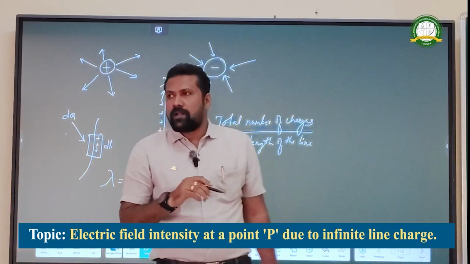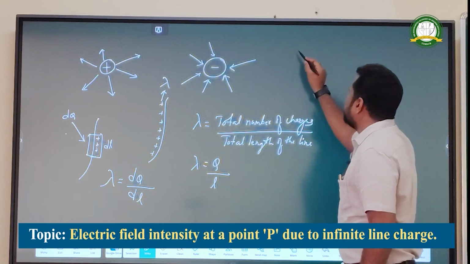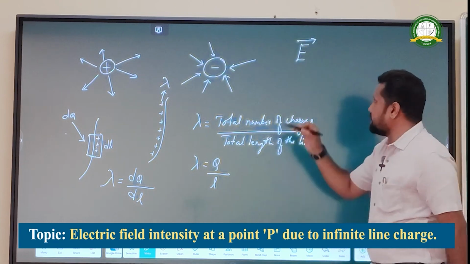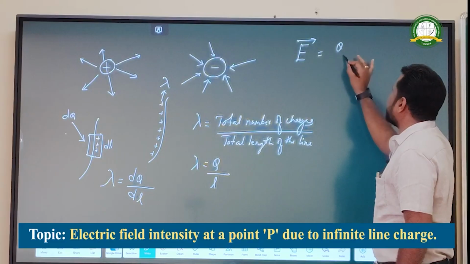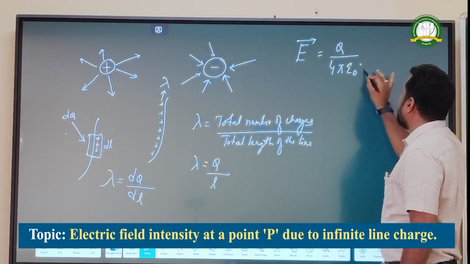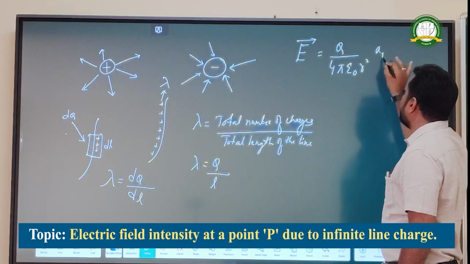And one more thing, the electric field intensity due to single point charge is given by Q divided by 4 pi epsilon naught r square into unit vector.